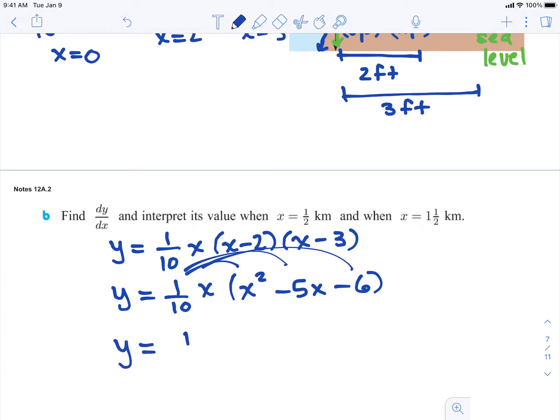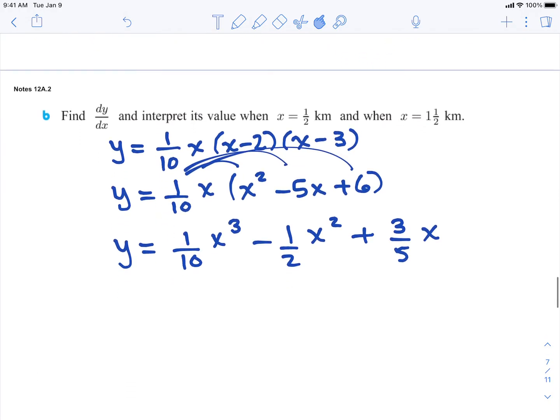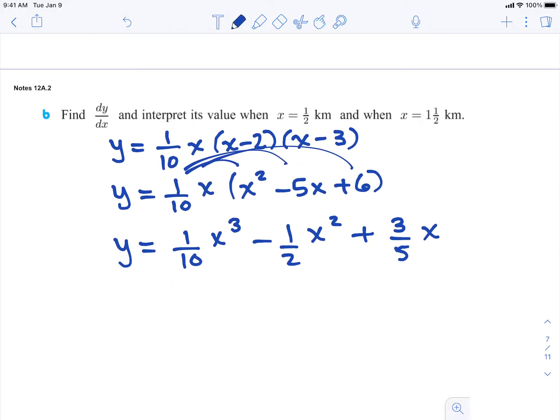So we're going to get 1/10 x cubed minus 1/2 x squared plus, there should be a plus here, my mistake, 3/5 x. I'm multiplying by 1/10 and then simplifying those fractions. So that is our equation in standard form. Now we're ready to find the derivative.